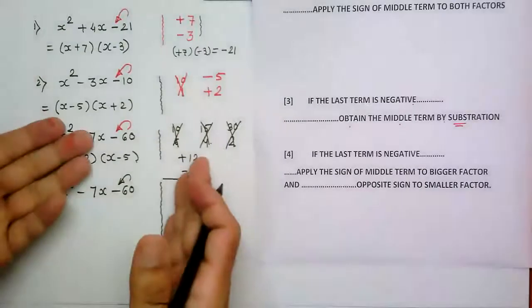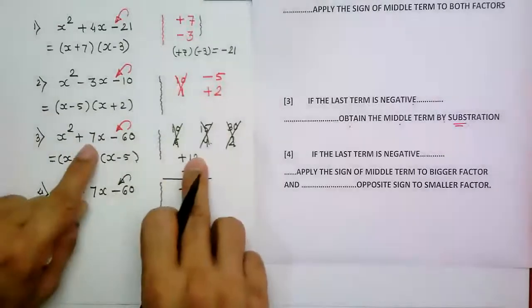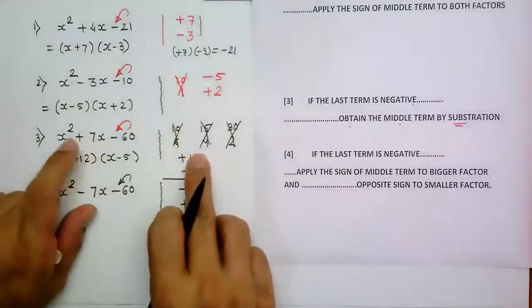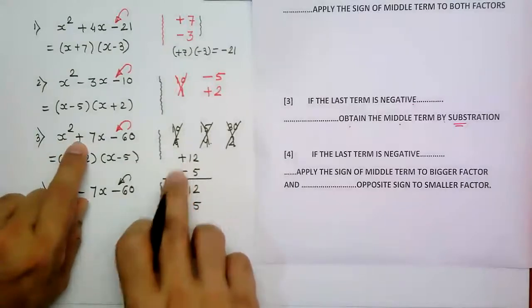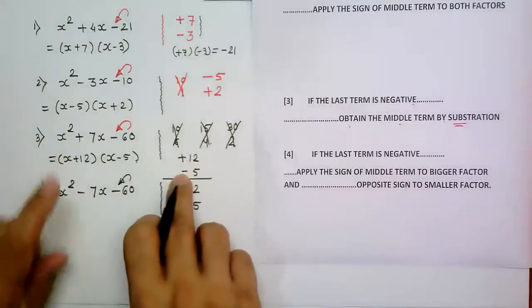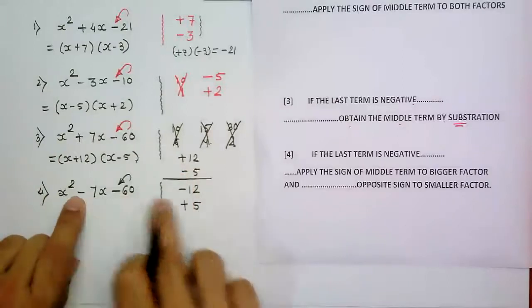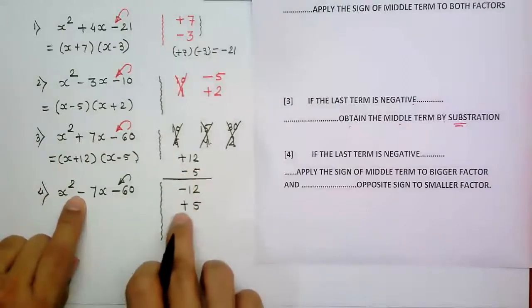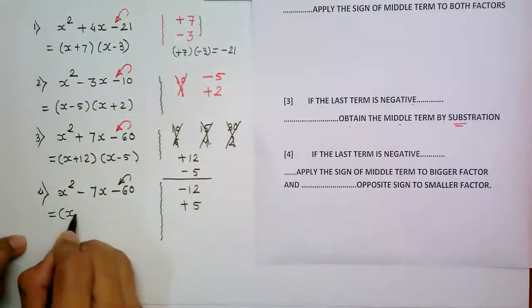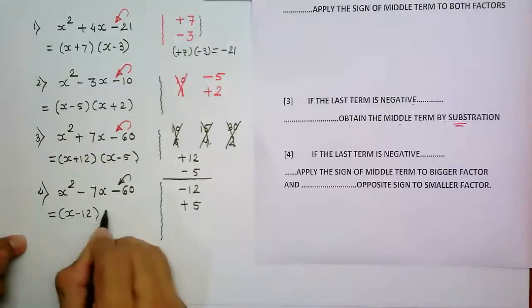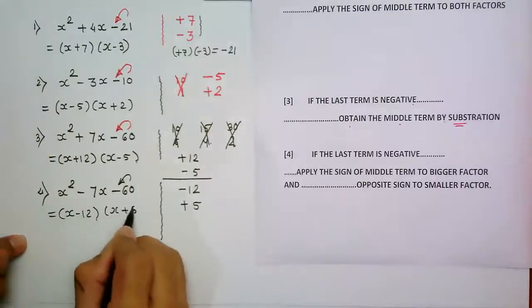Here we have done the same thing. So the factors are x minus 12, x plus 5.